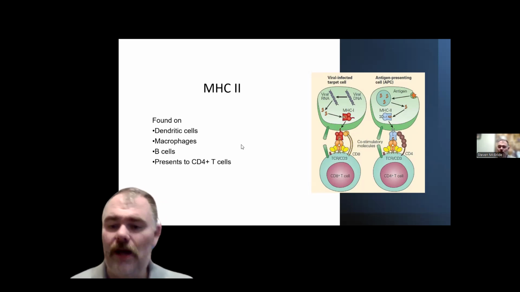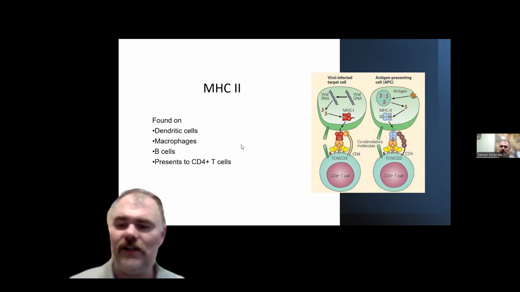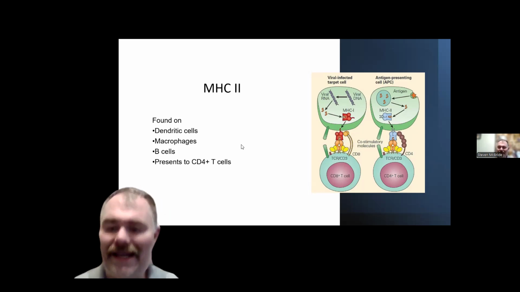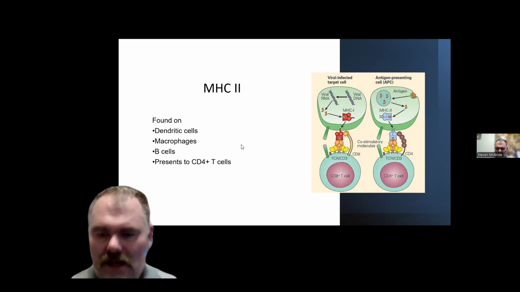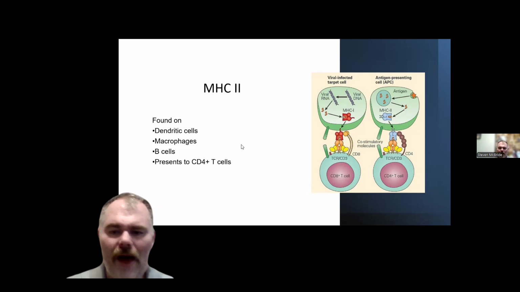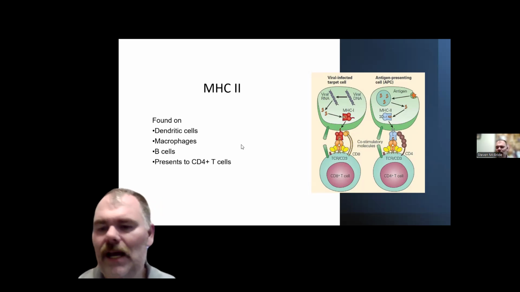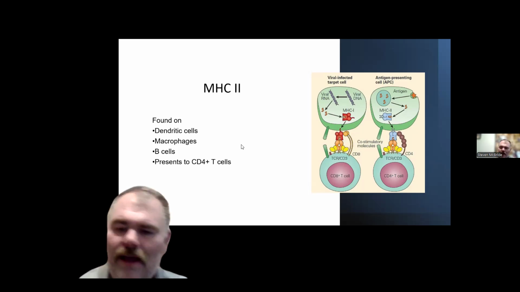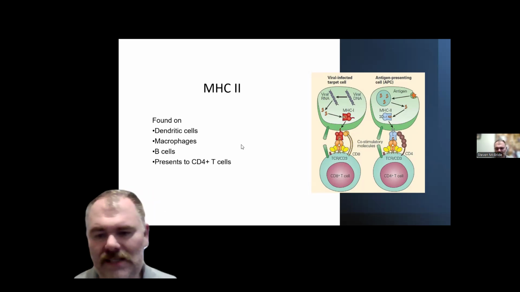Unlike MHC1, MHC2 is found only on specialized immune cells called antigen presenting cells. These include dendritic cells, macrophages, and B cells. Rather than displaying proteins produced inside the cell, MHC2 displays proteins that were engulfed from outside the cell.